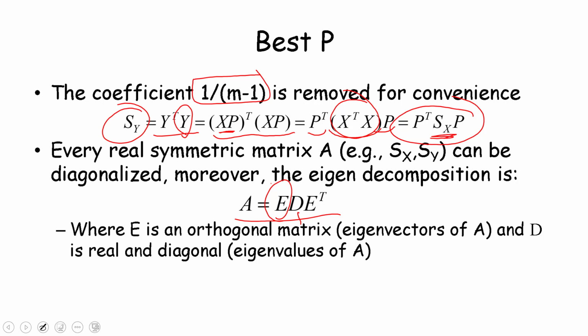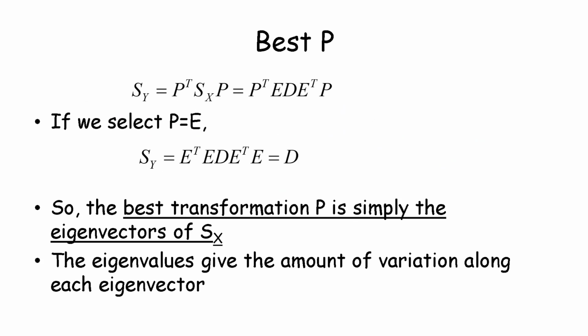The diagonal values of D are the eigenvalues of A. We know that every scatter matrix is real and symmetric, so we should be able to rewrite S of X using eigenvalue decomposition in this form. After we replace S of X with its eigenvalue decomposition, we end up with this equation for S of Y.